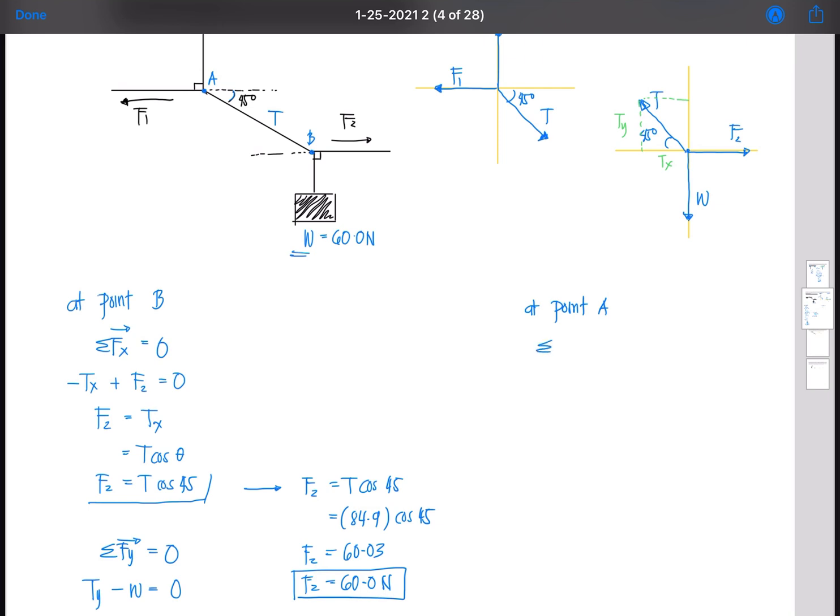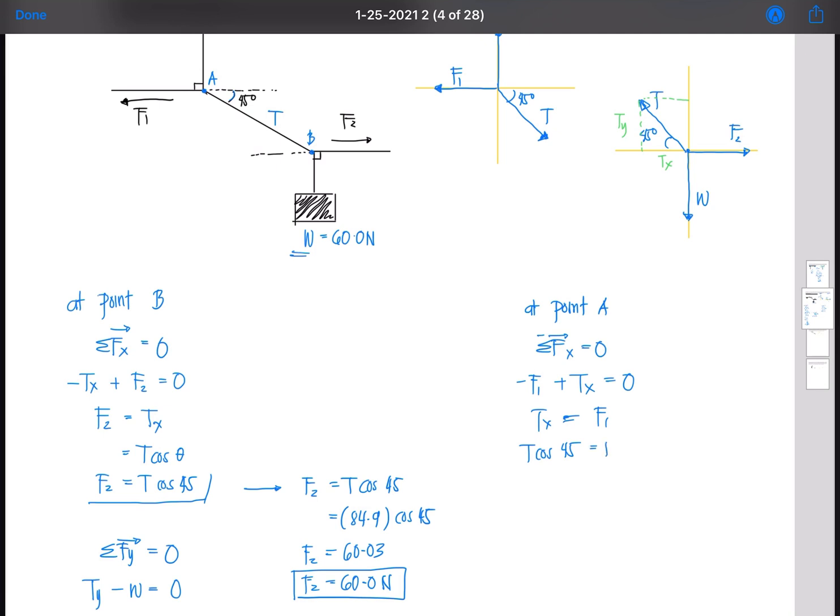So the summation of all forces along x should be equal to 0. What are these forces? We have negative F1, negative because it is directed towards the negative x-axis, plus we have the x component of the tension, or Tx. Getting that, Tx is equal to F1. And Tx is equal to T cosine 45.